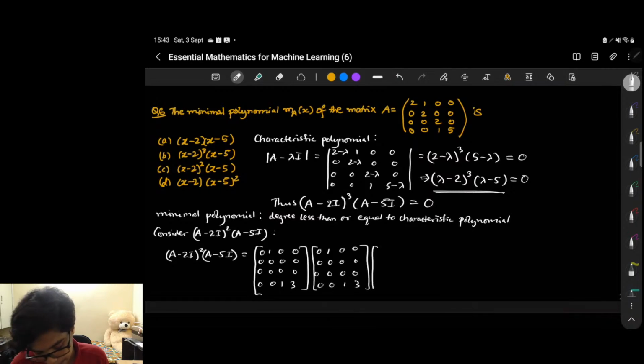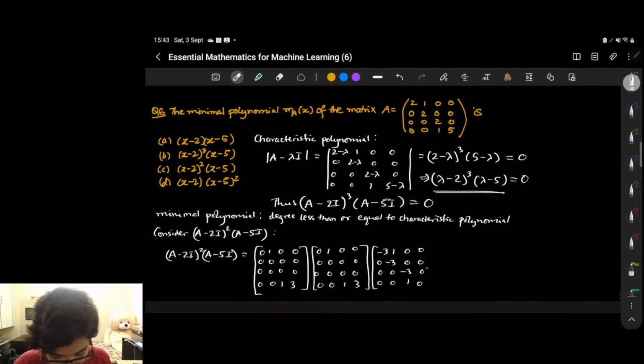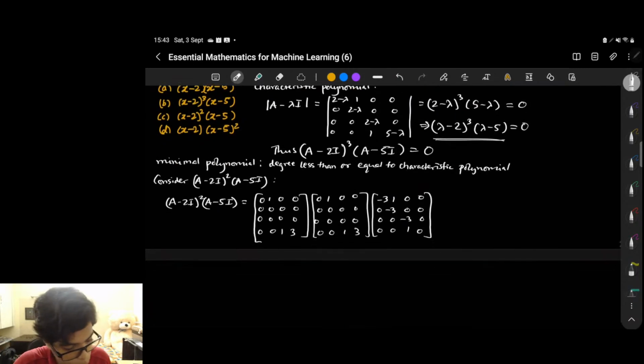Then times A minus 5I. So then we need to do simple multiplication. So let us multiply this.